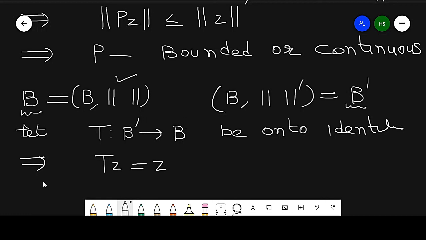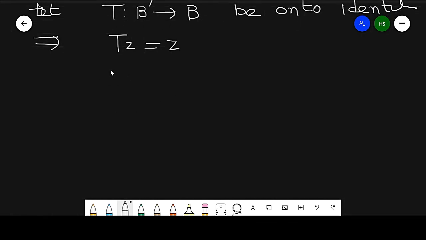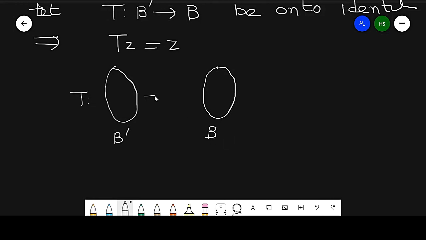So just see that. This is B dash, and this is B. Clear? Now this is the T operator from B dash to B. This is a vector z, and this is T of z.